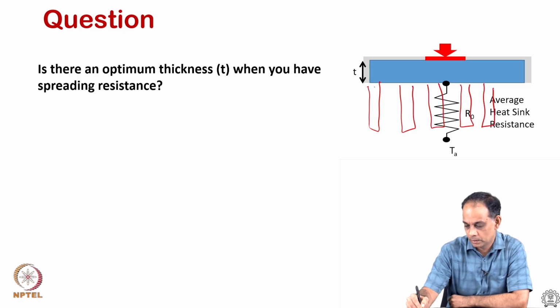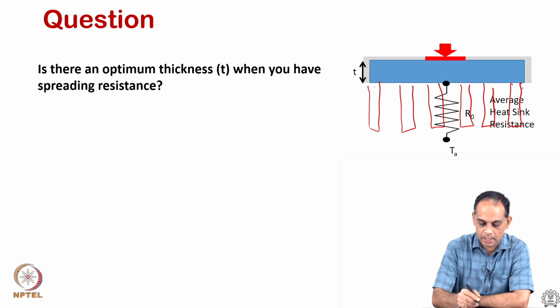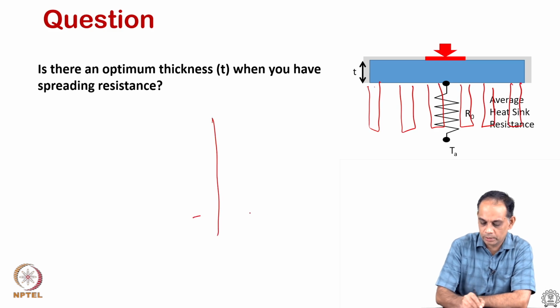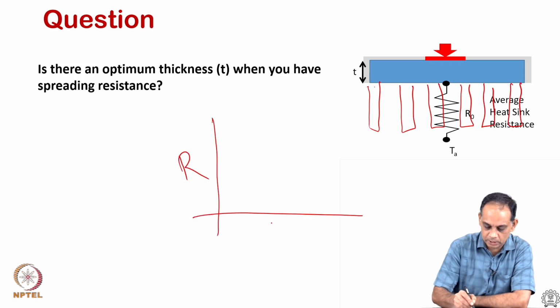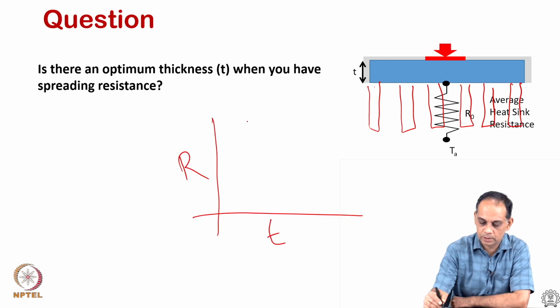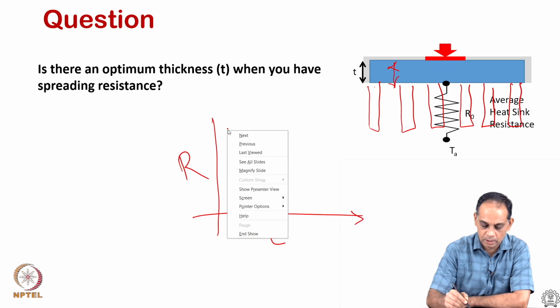So, you can see that if I were to draw the resistance versus thickness, T, at small thicknesses the spreading resistance will be very large.